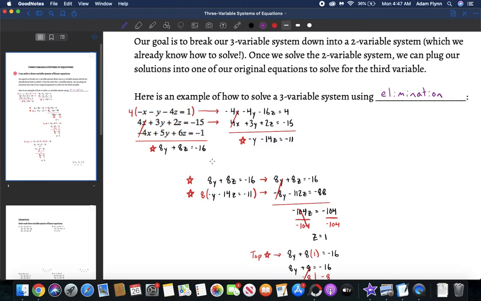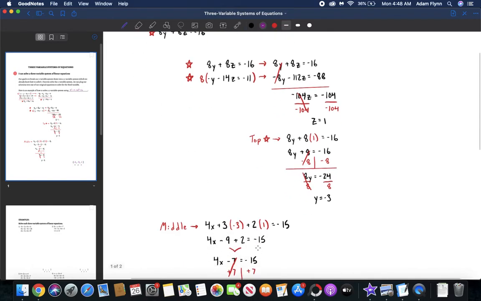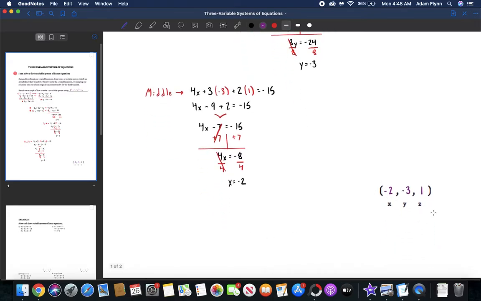From there we were given 2 start equations that created our 2-variable system that we were able to solve. We ended up with 1 for z, negative 3 for y. We took those solutions, picked one of our original equations, in this case the middle one, plugged in negative 3 for y and 1 for z, solved, and got our x. Therefore, we finally had our ordered triplet here of negative 2, negative 3, and 1.